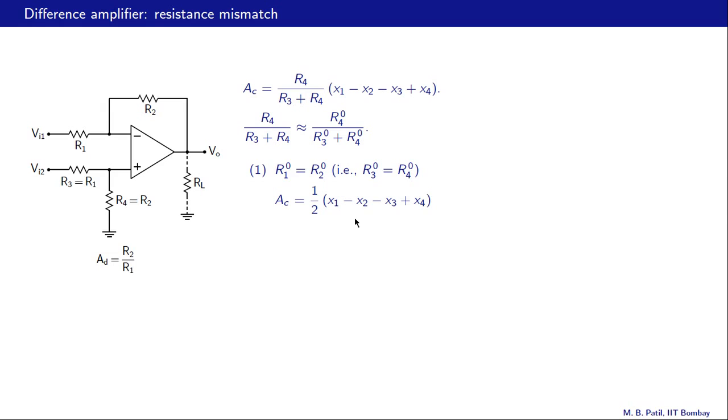So when we consider that, we get half times 4x because all of these will then add up, and that is 2x. So for example, if we use 1% resistances, then this will be 2 times x or 0.02.